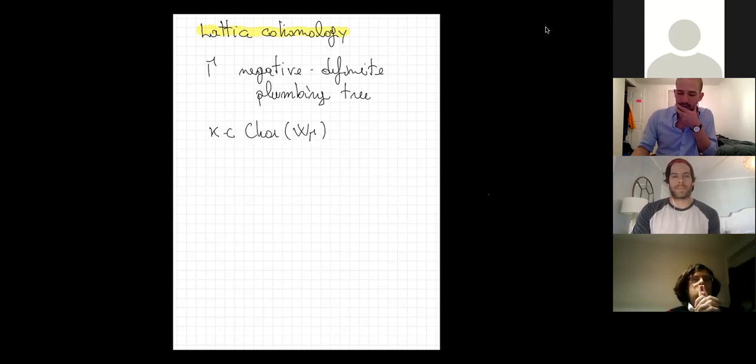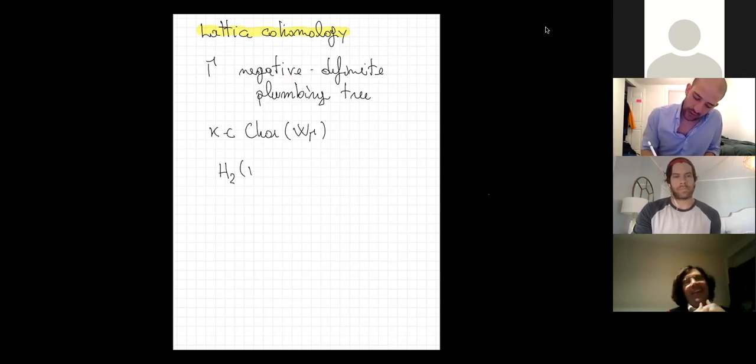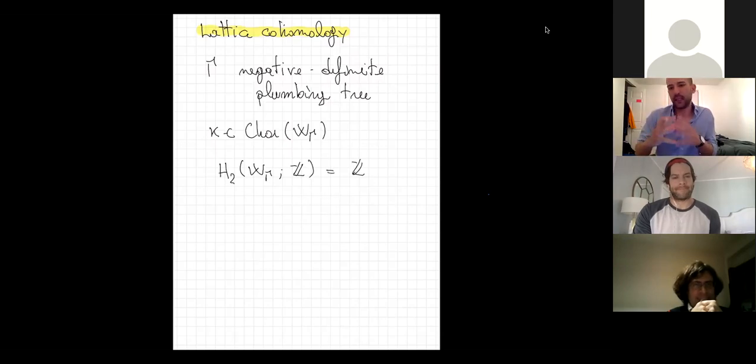This is an overall choice I make. Then I can consider the homology H2 of W gamma of the four-manifold, with Z coefficients, and this is freely generated by the irreducible components of the exceptional divisor.